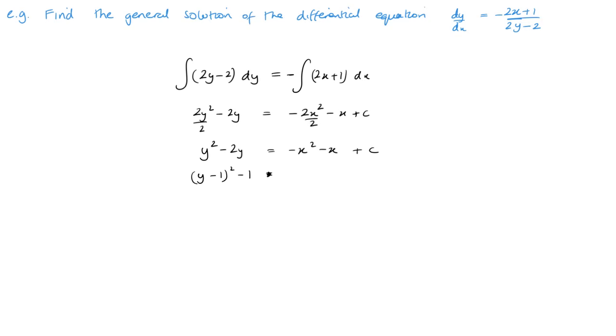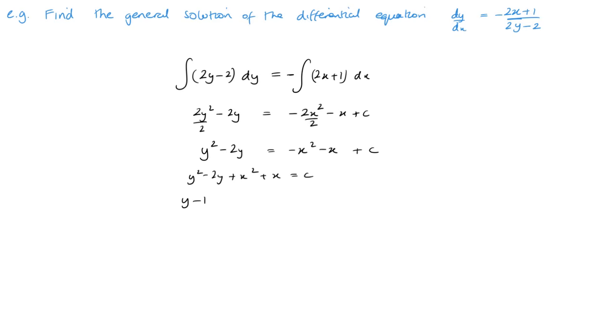And if I take my x squared and my x to the other side, actually let's do that first. So y squared minus 2y plus x squared plus x equals c.